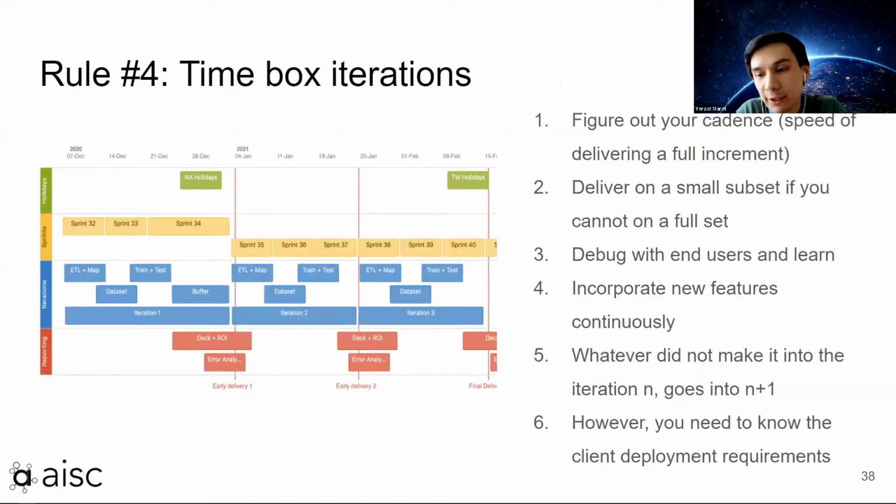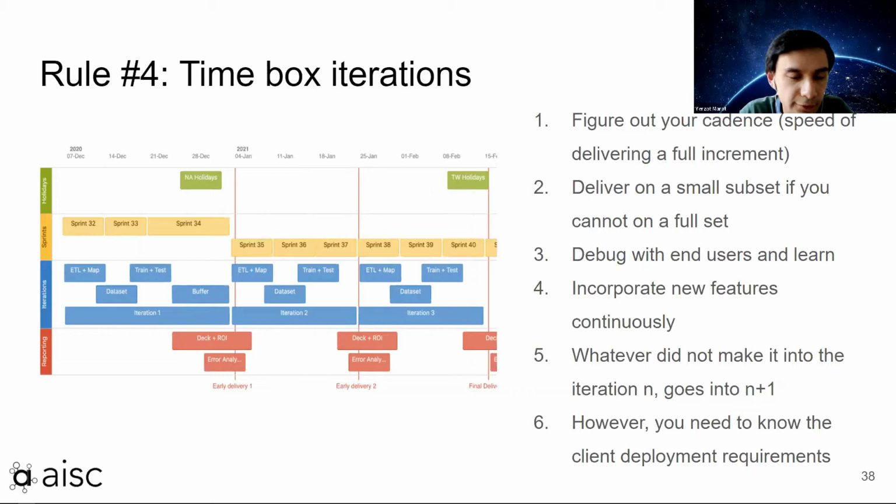Yeah, so next slide. I'm going to spend a little bit more time on this slide. I didn't take time to make it nice, sorry about that, but this is essentially from our Confluence roadmap. This is what we used to go 50%. We figured out our cadence: given the pipeline and the constraints we are at, how long it takes us to deliver a full increment.